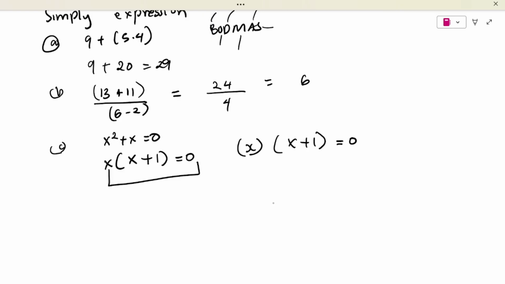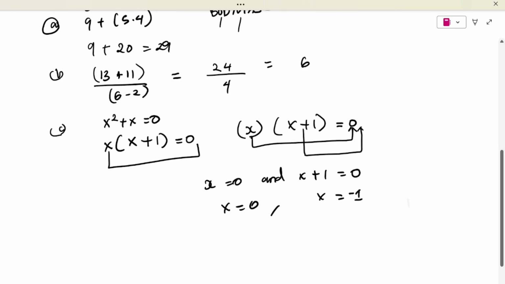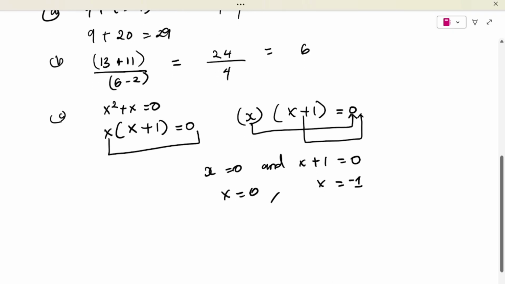So logically, x is going to be equal to 0 and x plus 1 is going to be equal to 0. So x is equal to 0 and x plus 1 is equal to 0, so x is equal to -1. So we have two answers for this equation when we are told to simplify.